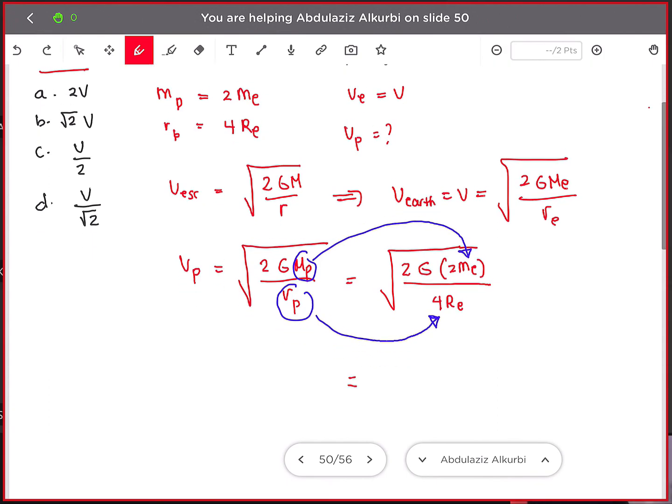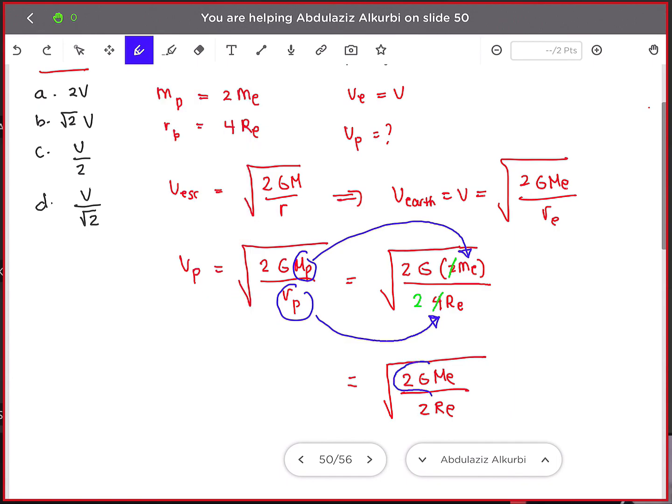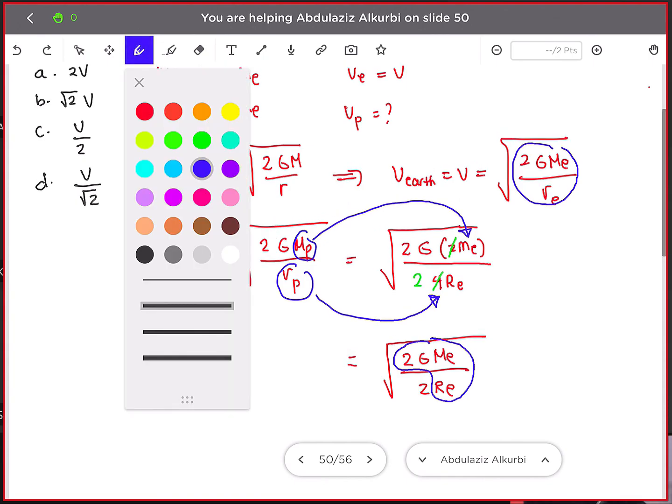So I will have the square root of 2G, and as I simplify this, 2G M E divided by 2 R E. Now this 2G M E over R E is in fact the same as the Earth's escape velocity expression. So I could rewrite this equation so that I'll be able to isolate the factor.